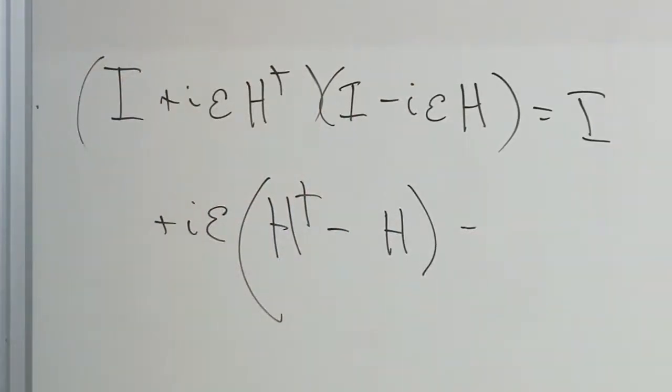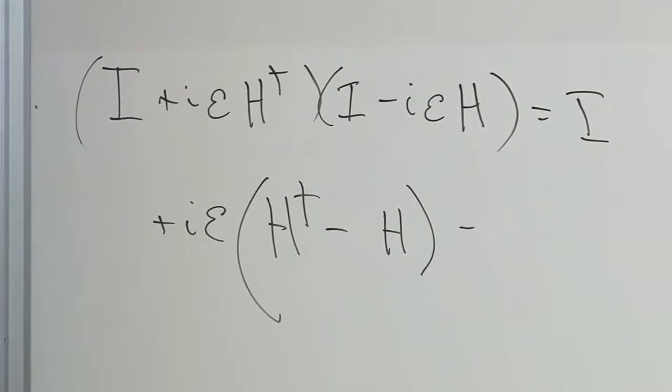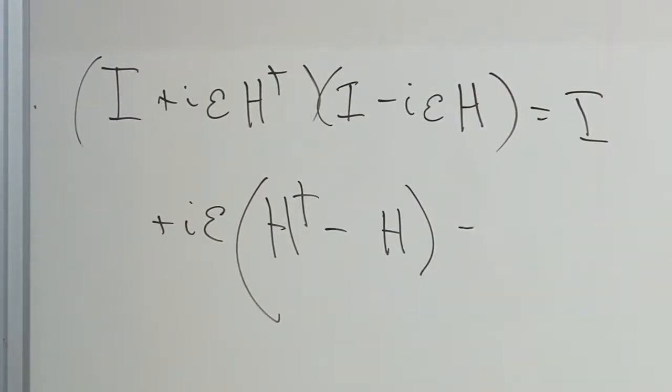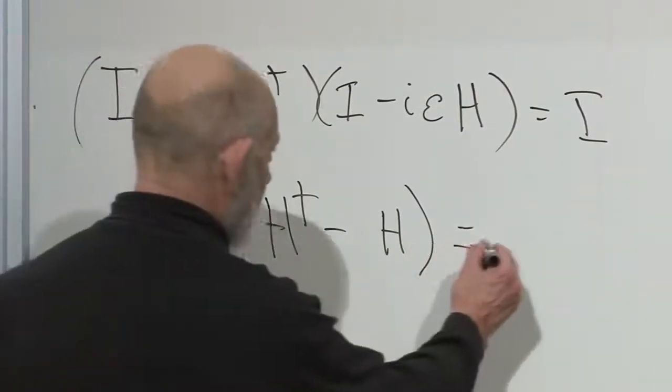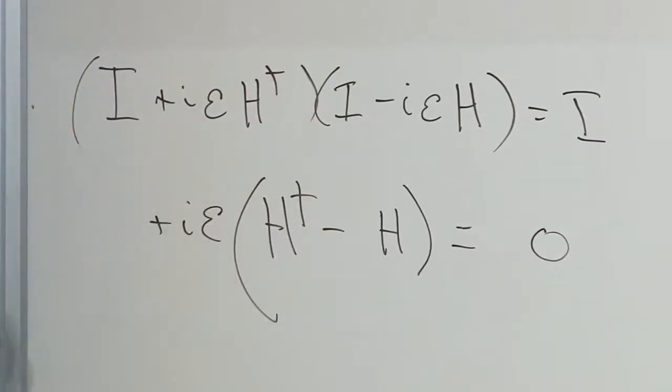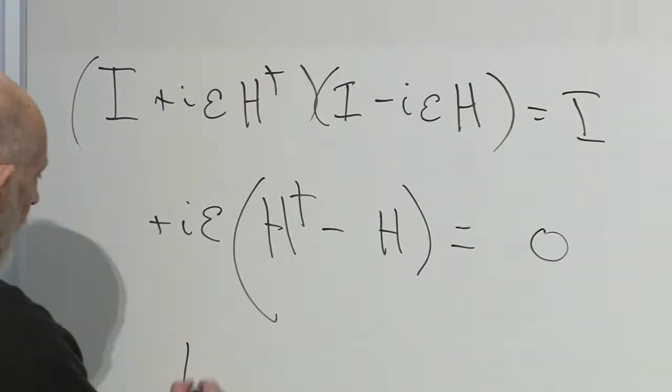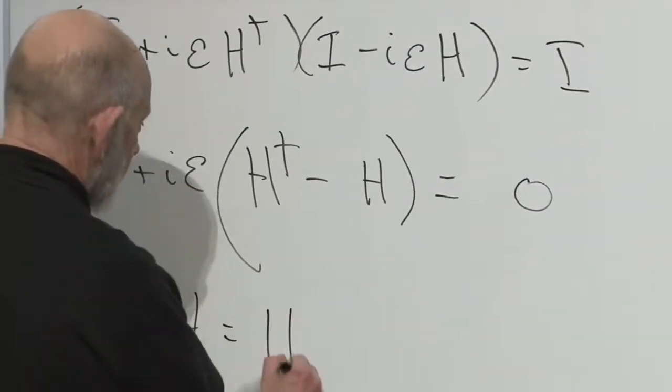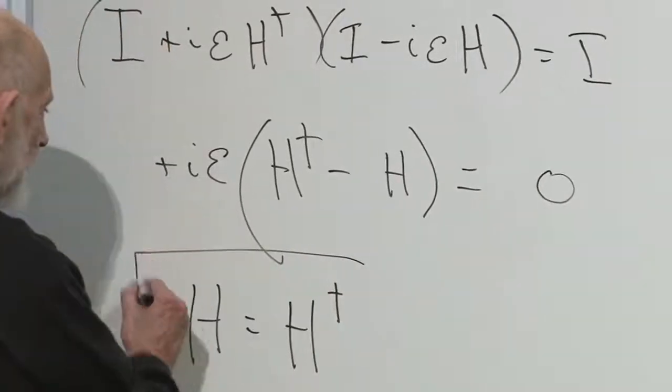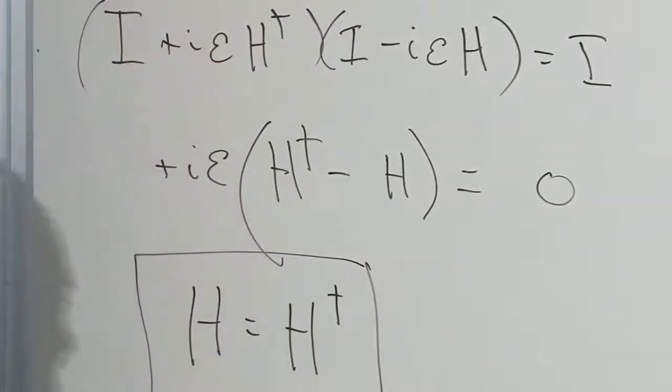And basically what we find is that H dagger minus H has to be 0. We get 0 on the right-hand side. And so to order epsilon, H has to equal H dagger.